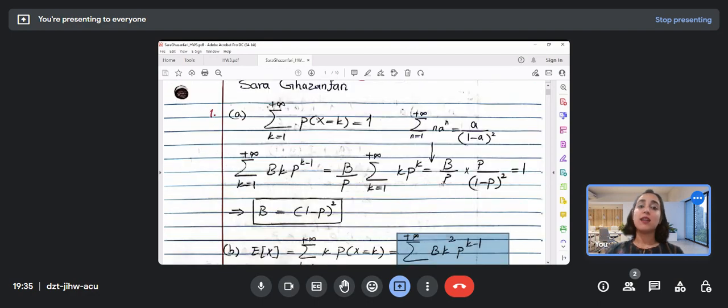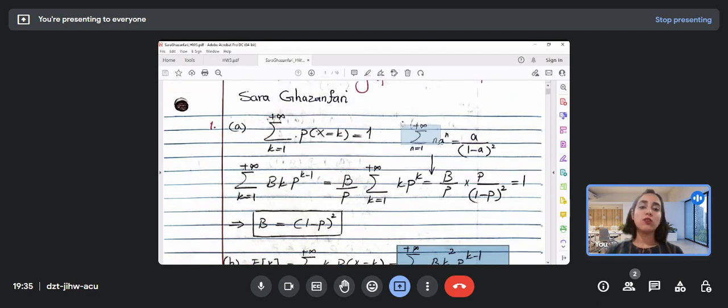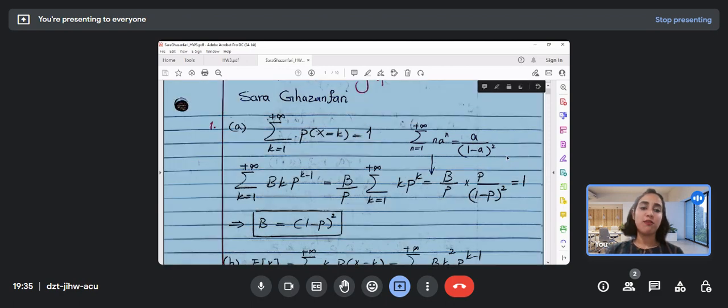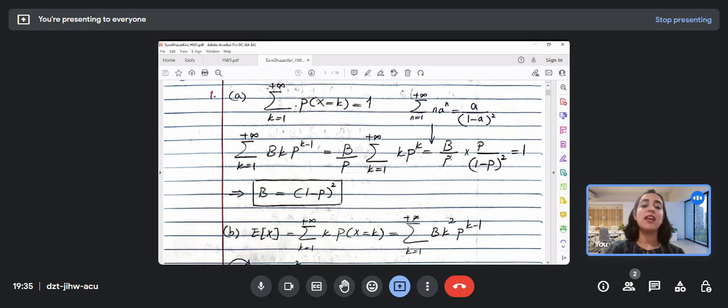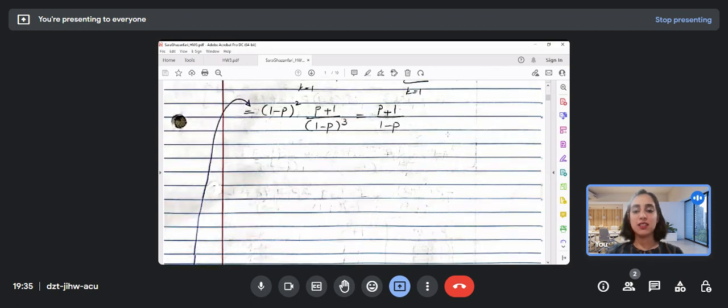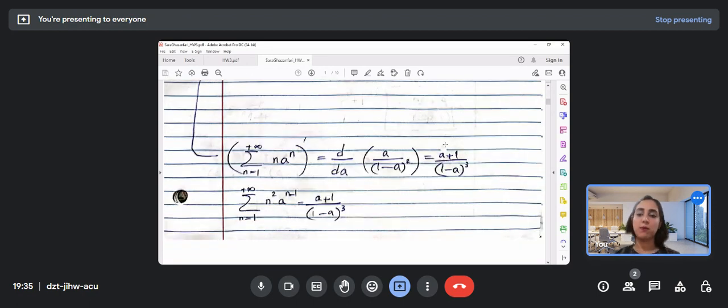The first approximation that we used is not enough, because we have k to the power of 2. So we should take the derivative of this formula. I have written it here at the bottom of the page.